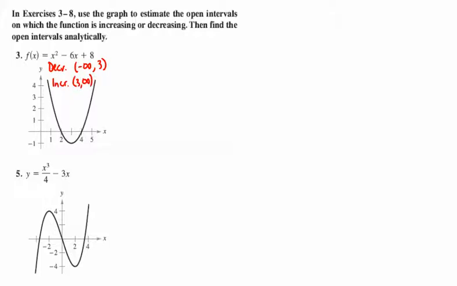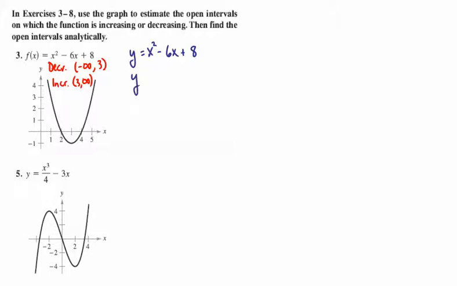Now we're going to find this all analytically, which means using calculus and algebra. So we start off with our function y is equal to x squared minus 6x plus 8. And first thing we're going to do, just as we did with absolute max and min, is to find the critical numbers.